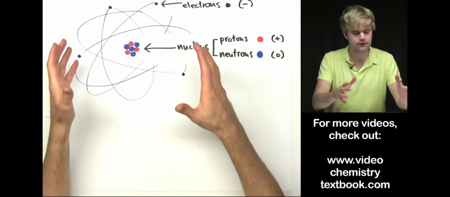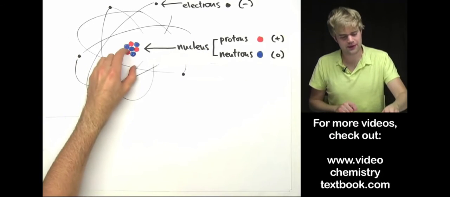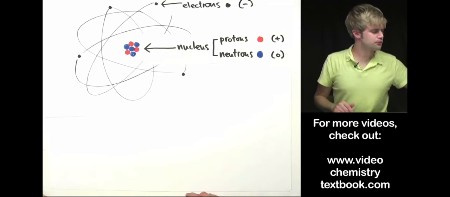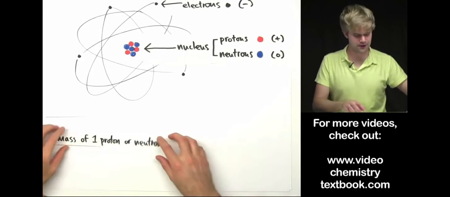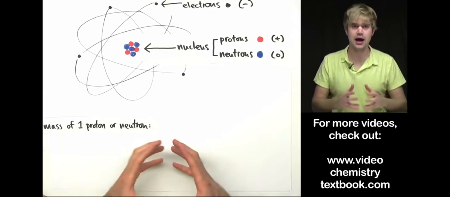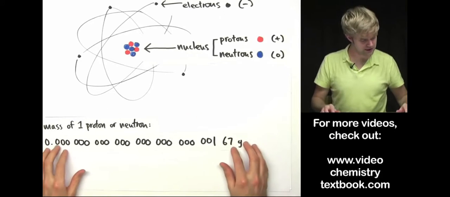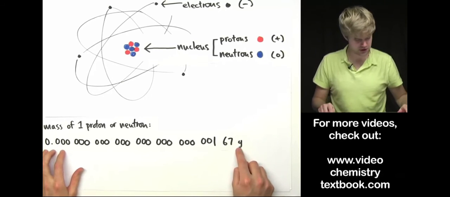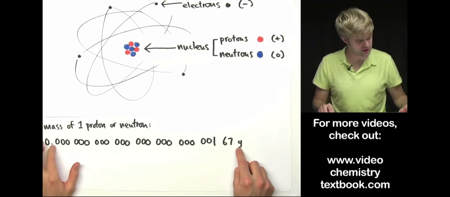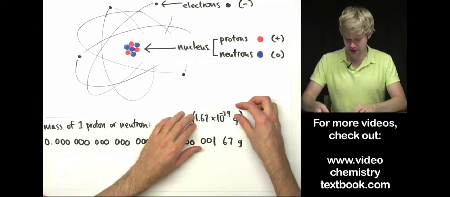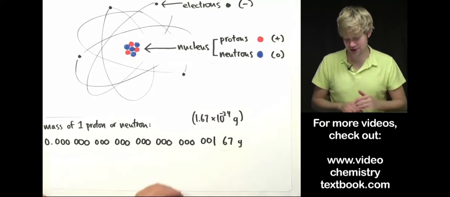So in order to figure that out, we have to look at the mass of the various things that make up the atom. Now, a proton and a neutron are very, very similar in size and in mass. And they both weigh about this many grams. Look at what a tiny number this is, right? There's a decimal place all the way over here. This is a number that it's best to represent in scientific notation instead.